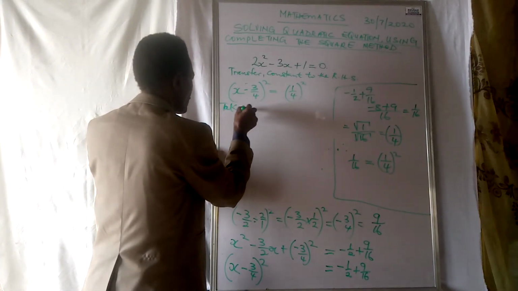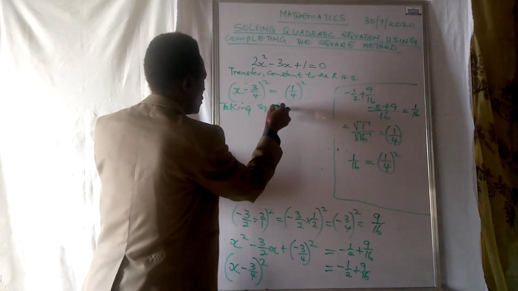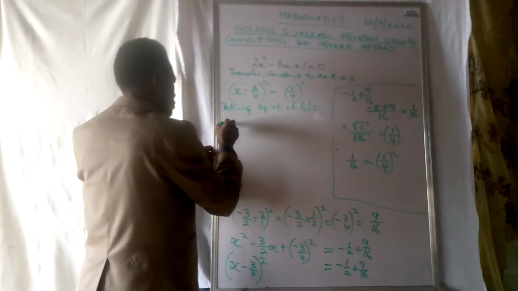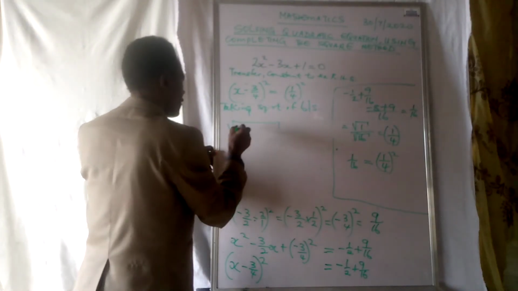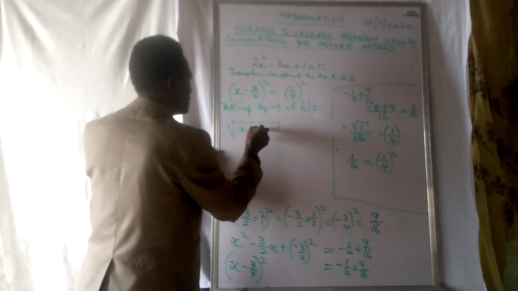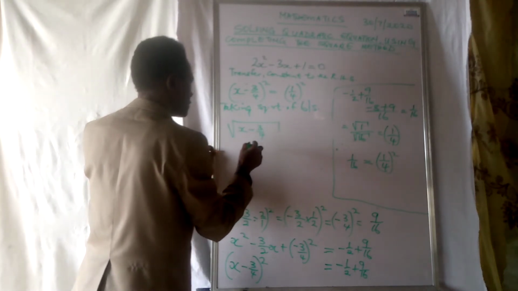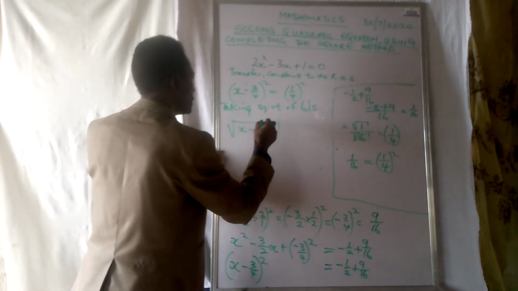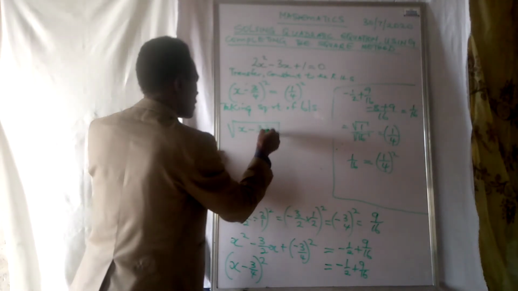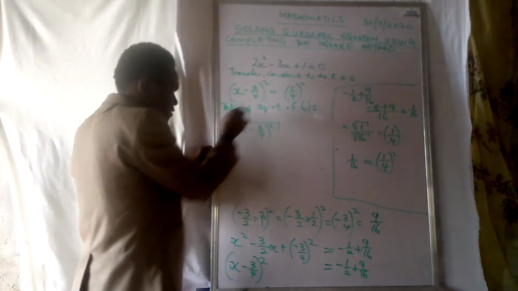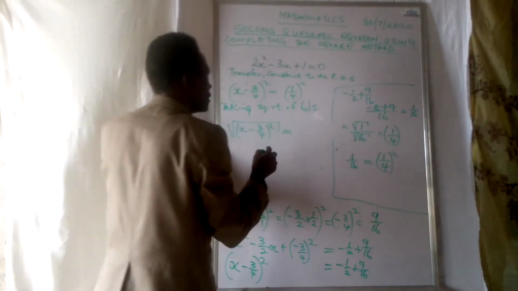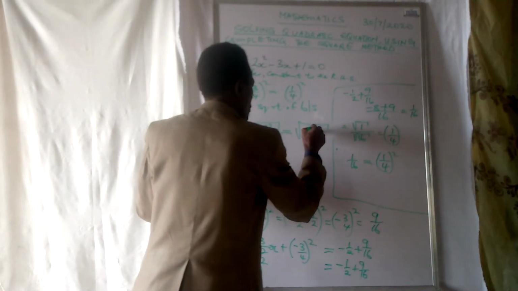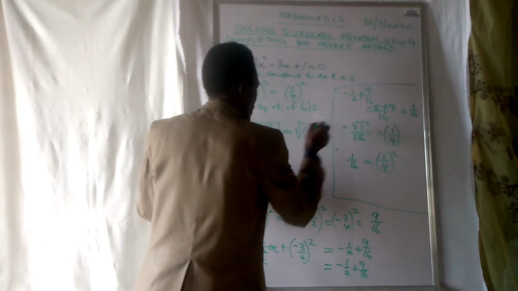Taking the square root of both sides, we have the square root of (x minus 3 over 4) squared equal to the square root of (1 over 4) all squared.